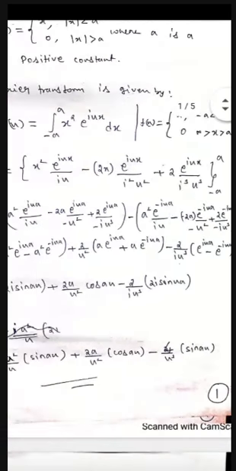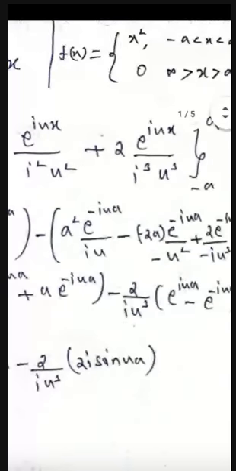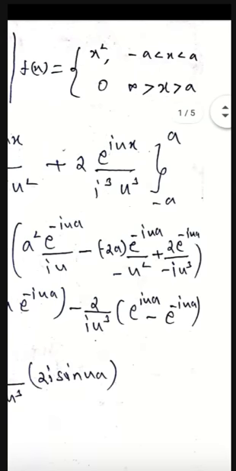So you can take out plus 2 by u square, because just observe: minus into minus here, minus into minus 2a there, plus 2a. Plus 2a e power minus iua by u square there.